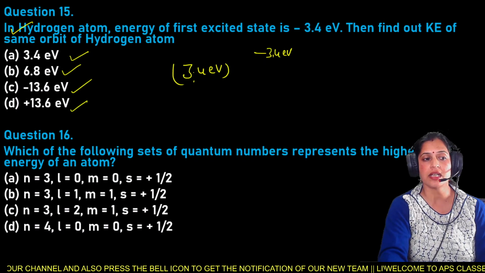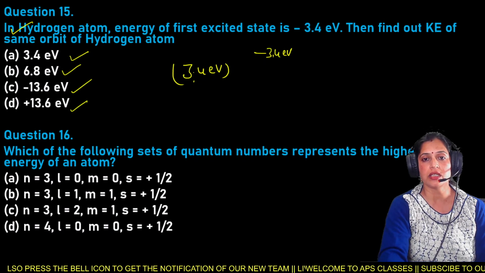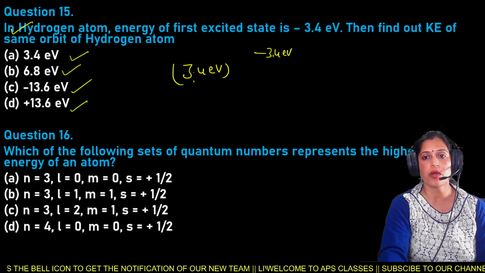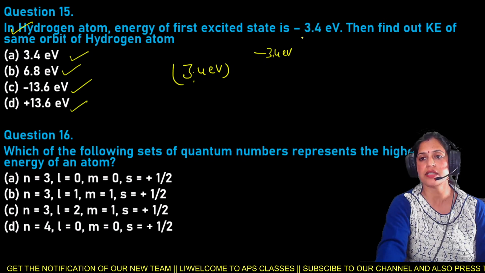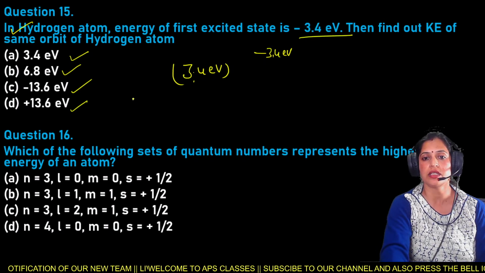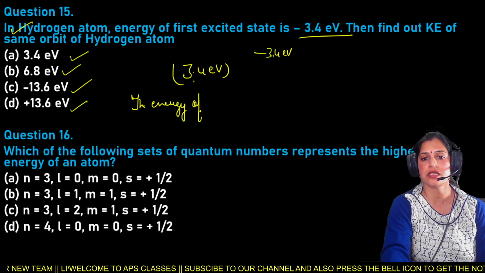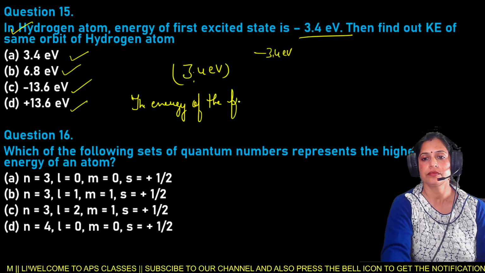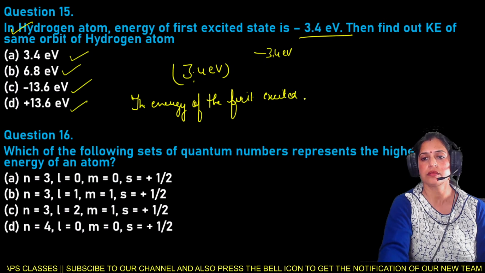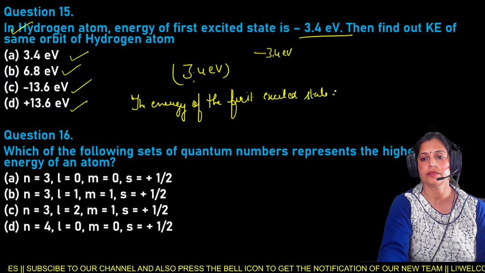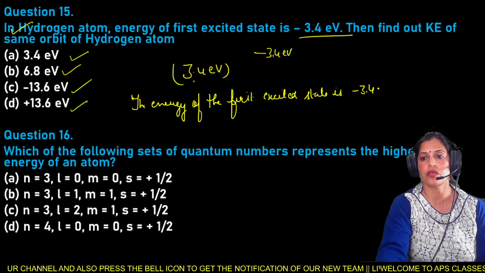The energy of the first excited state is minus 3.4 electron volt.